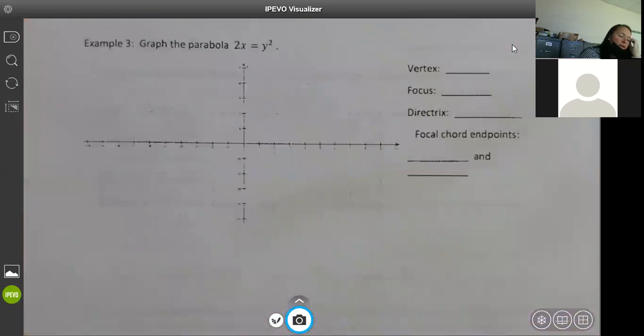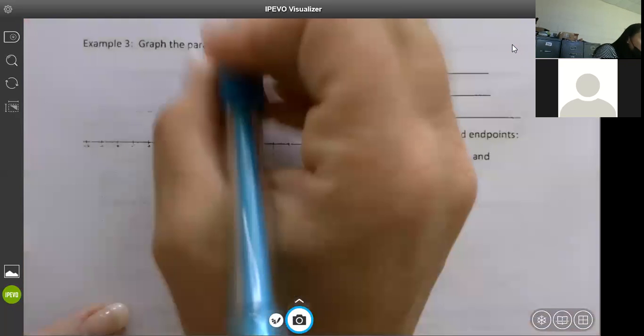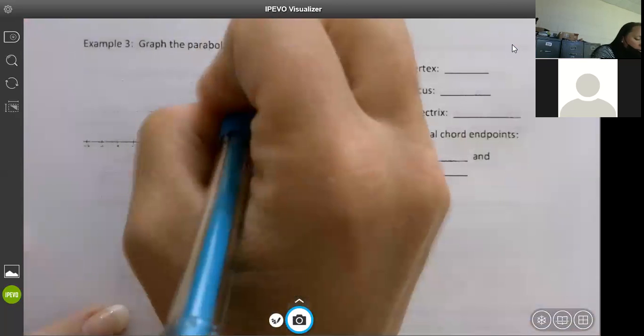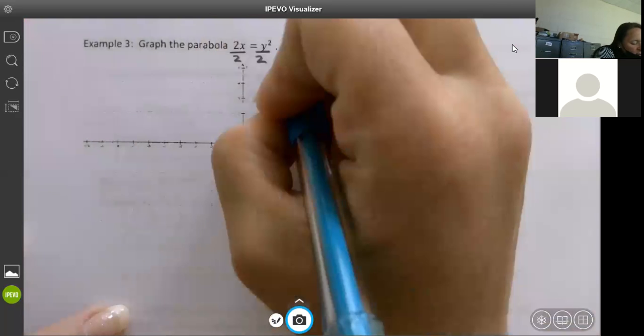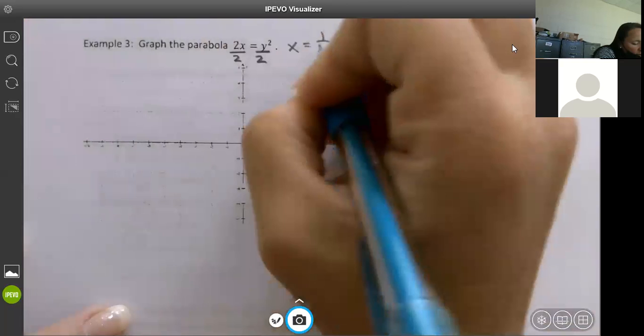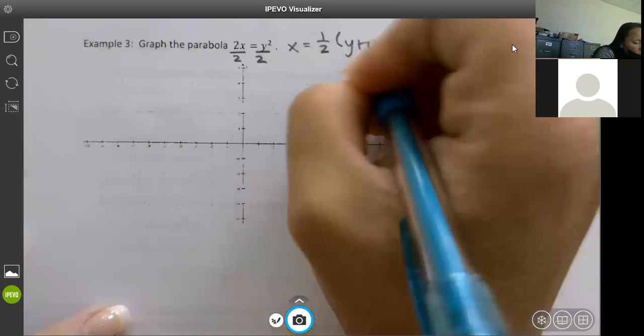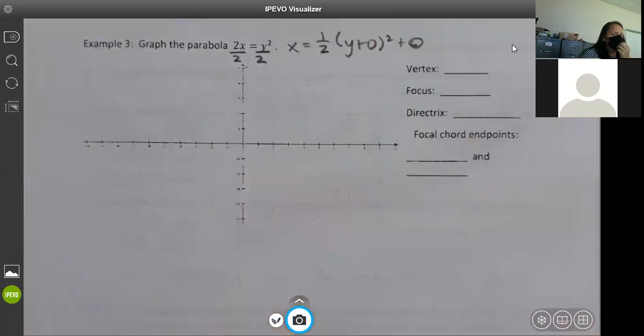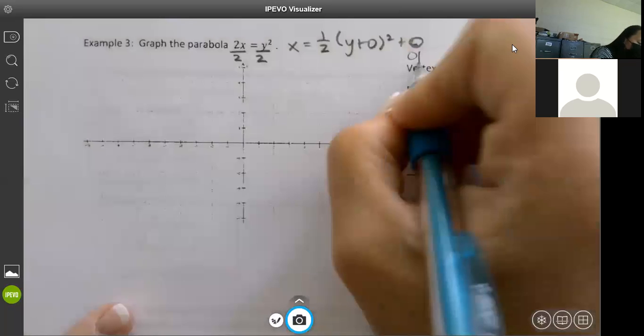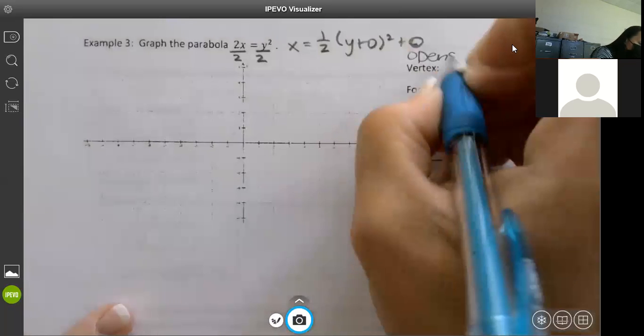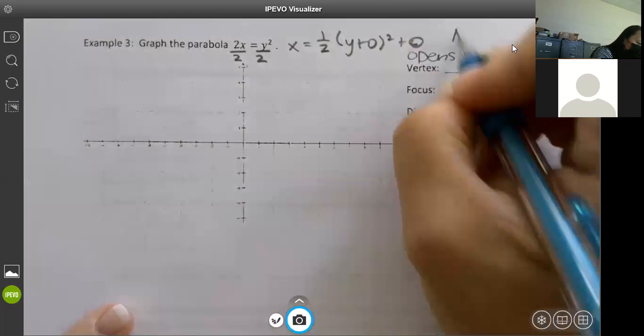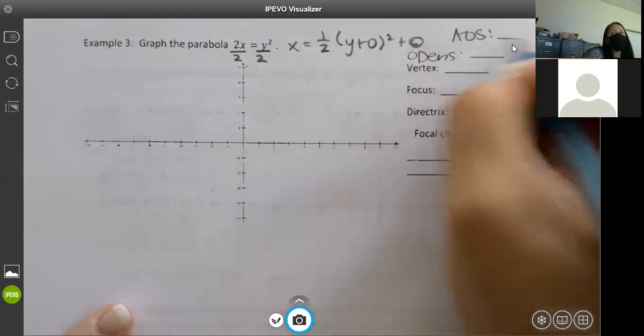We're going to do the same thing. Since x is by itself, we're going to solve for x. It is not squared. We get x equals 1/2, and then I'm going to rewrite it in vertex form, y plus 0 squared plus 0. Again, I'm going to put those up in there.